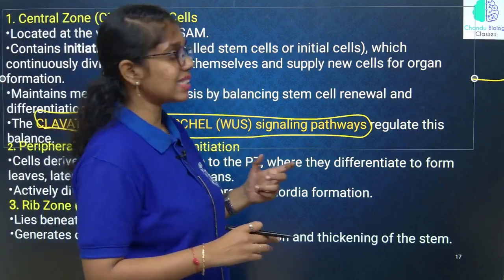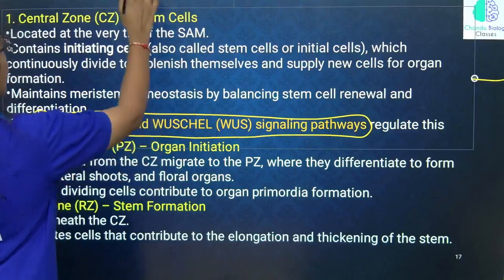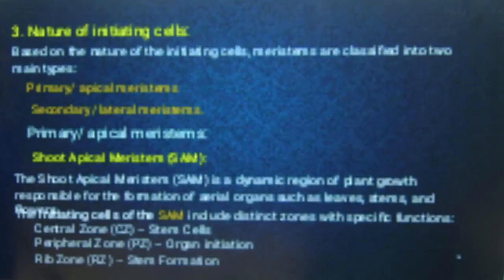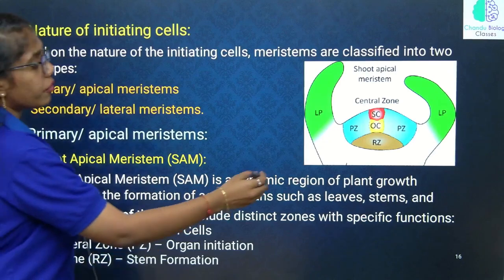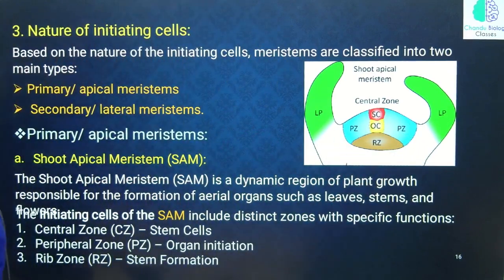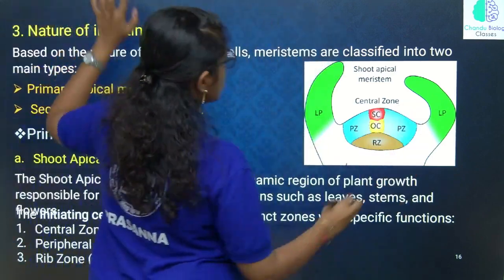As of now, let us understand that from the rib zone, we have the genes called Wuschel genes.